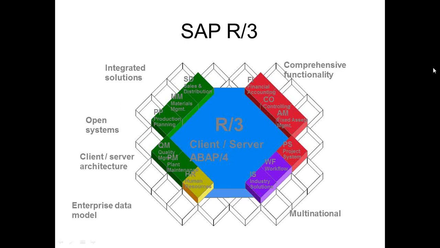When you try to run reports on top of the ECC system, there are too many performance issues, and a lot of work processes on the ECC system get used up for analytics. So SAP tried to give a complete solution for analytics, and the result of which is BW.